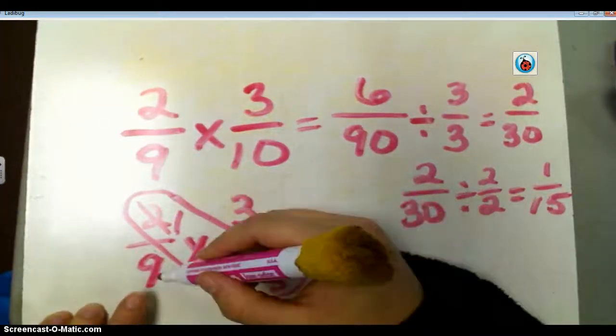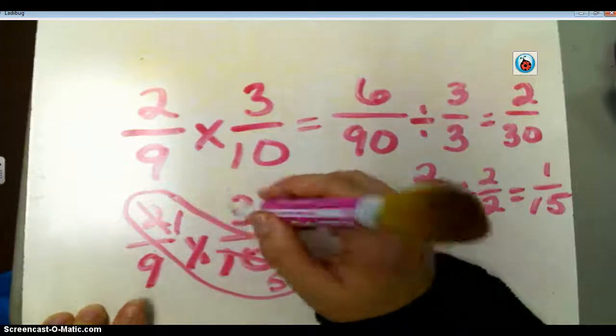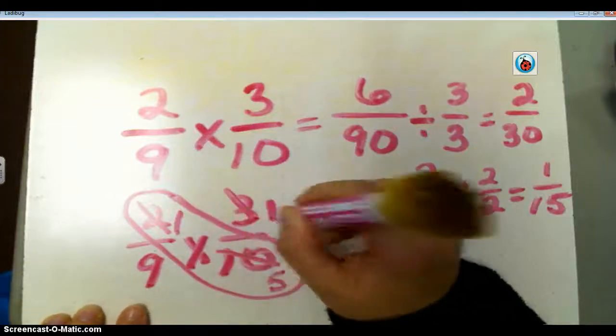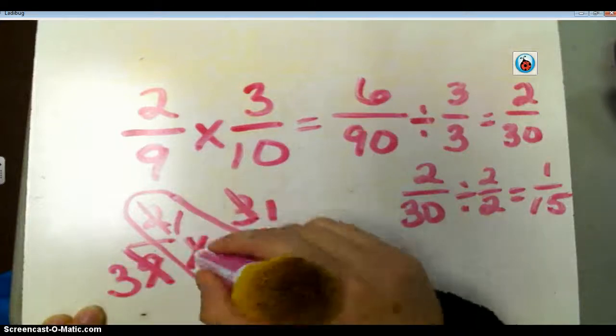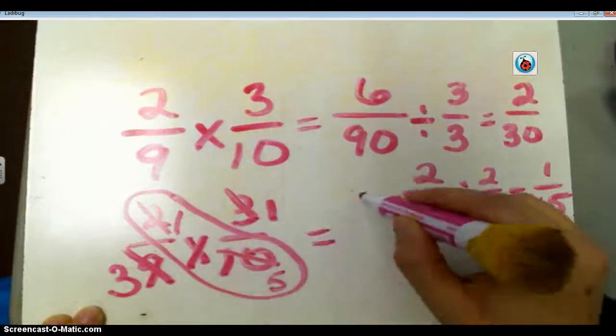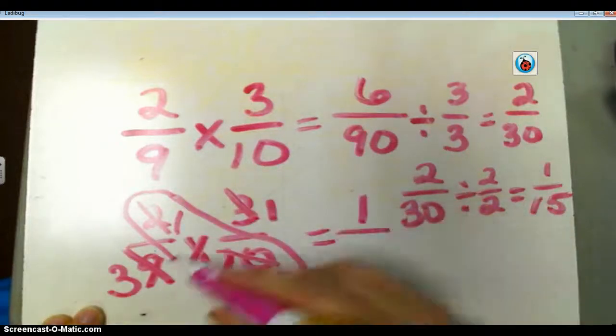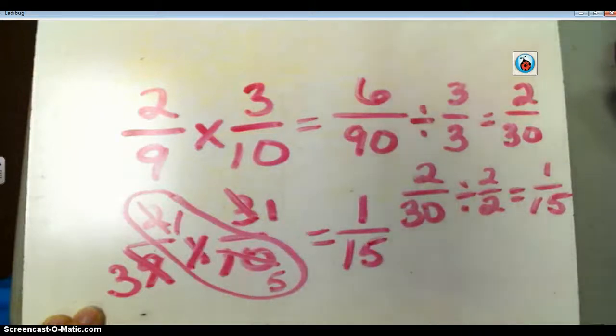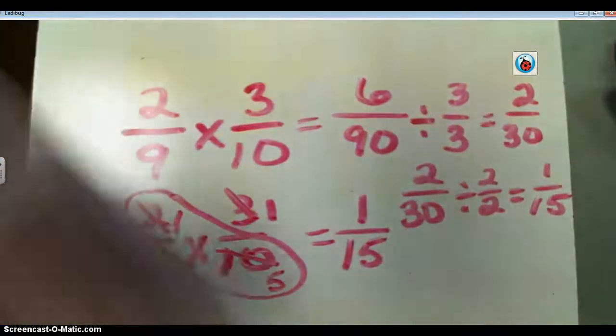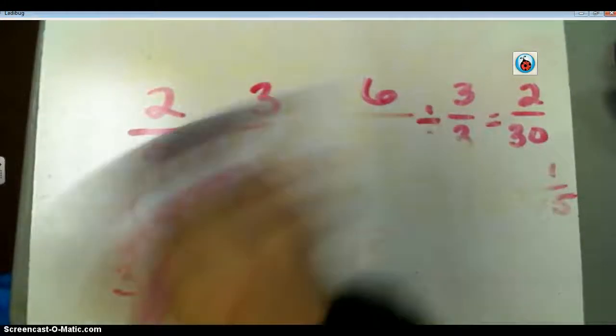Yeah, 3 goes into 9, right? 3 goes into itself 1 time. 3 goes into 9, 3 times. 1 times 1 equals 1. 3 times 5 equals 15. And that's it.